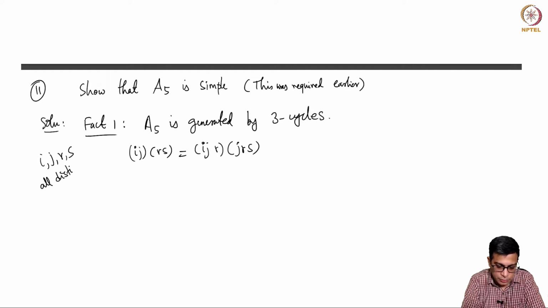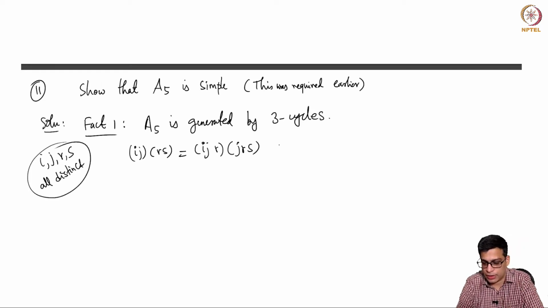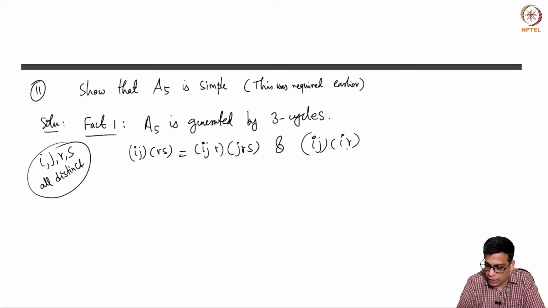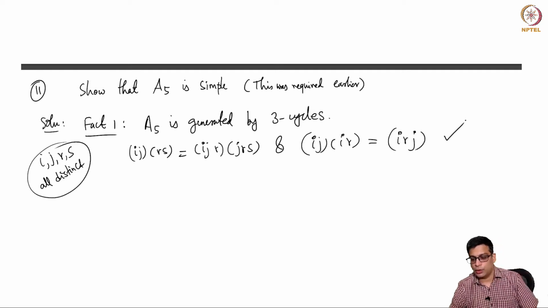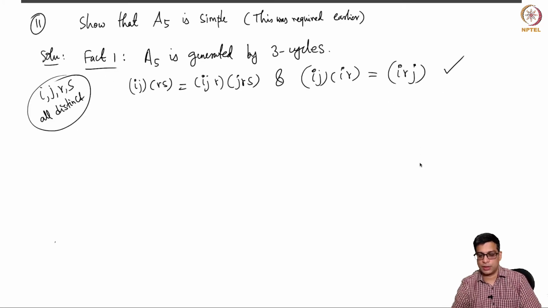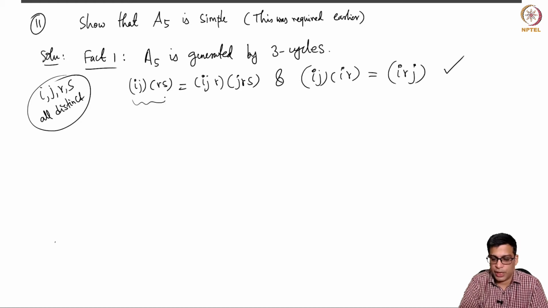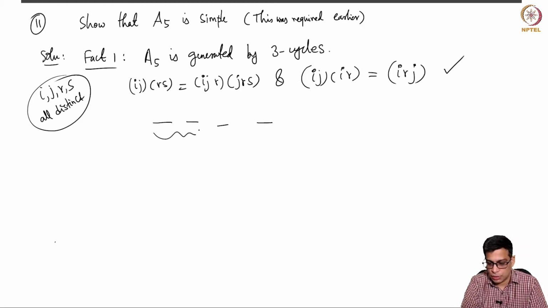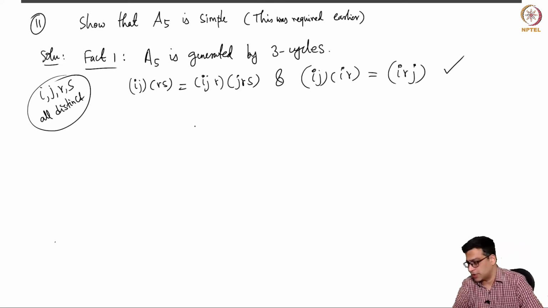If you have 2 distinct transpositions, their product is like this. On the other hand, if you have (ij)(ir), this is a 3 cycle (irj). So any 2 transpositions like this will give a 3 cycle. Any even permutation is a product of an even number of transpositions. You take 2 of them at a time and show that they are all products of 3 cycles like this.